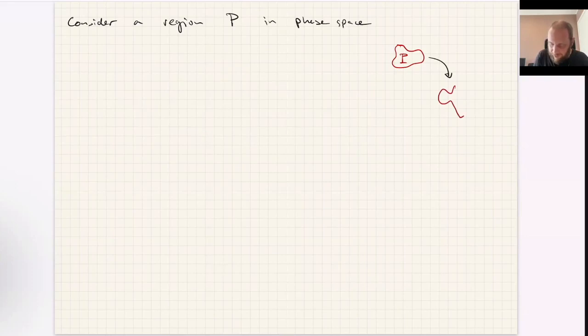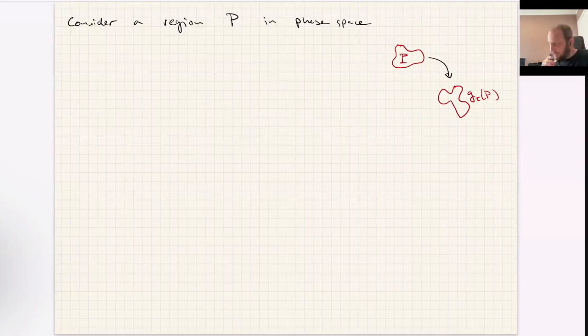It can have some distinct shape, but it will be mapped to some other region G tau of P during the Hamilton flow. So what Liouville's theorem states is that the volume of this region should be the same as the volume of that region.